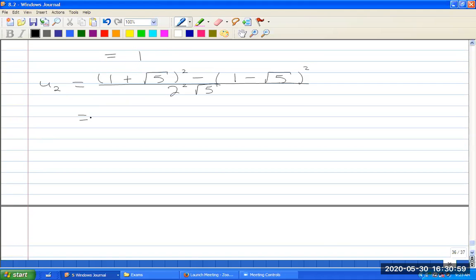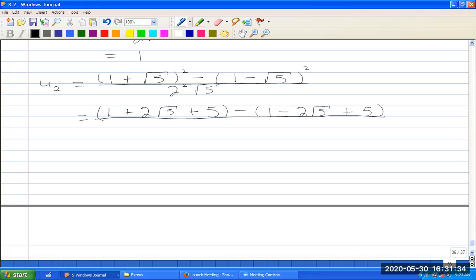By the special product formula, this is just 1 plus 2 rad 5 plus rad 5 squared, which is 5. Minus, let's square this out. By the special product formula, this is a perfect square trinomial. This is 1 minus 2 rad 5 plus 5, all over 4 rad 5.